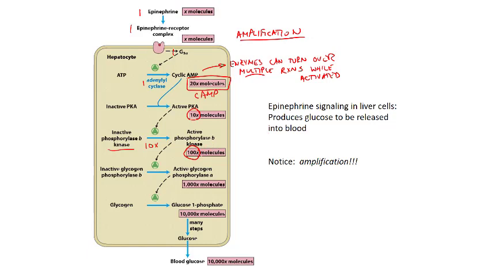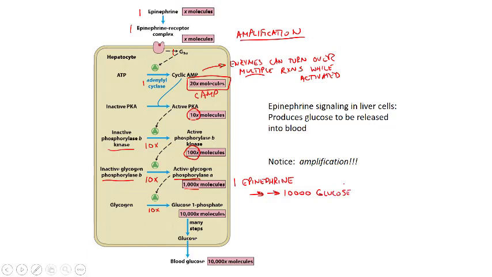And then in turn, each of those can activate 10 molecules of glycogen phosphorylase, so that our one molecule of epinephrine gives us 1,000 active glycogen phosphorylases. And then each of those 1,000 glycogen phosphorylases can release roughly 10 glucose molecules from glycogen. So from one epinephrine, we end up releasing roughly 10,000 molecules of glucose.